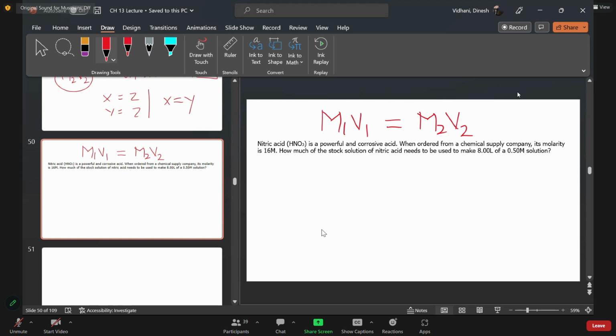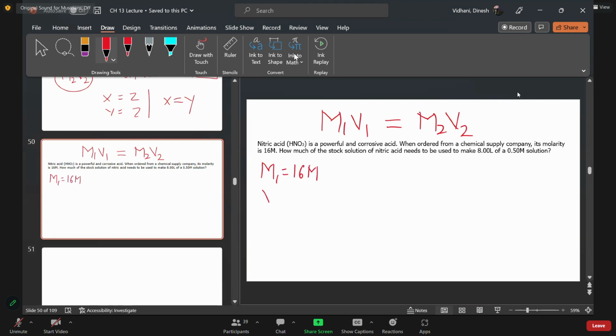Anyone so far? Okay, so here you need to find the volume. You are given the molarity. M1 is given to you, 16 molar.